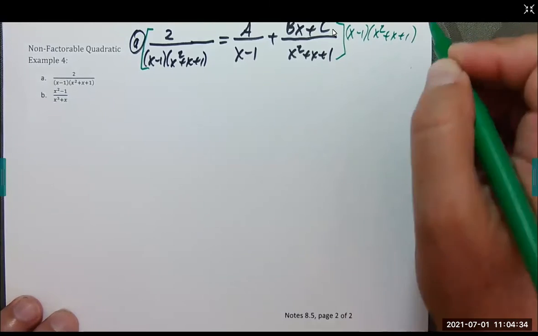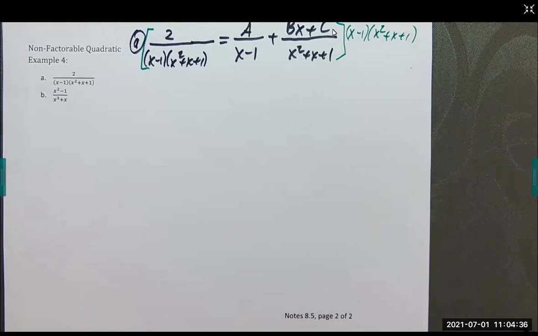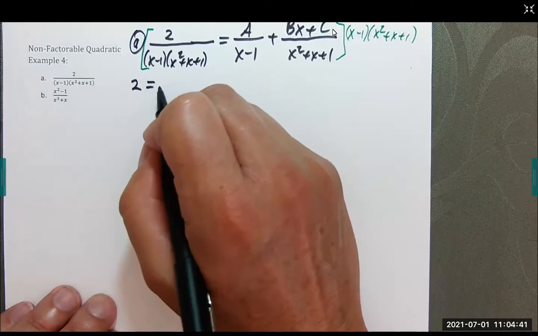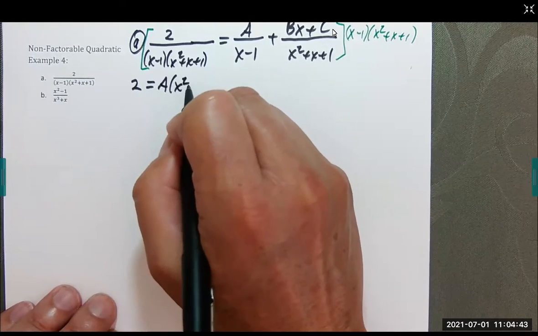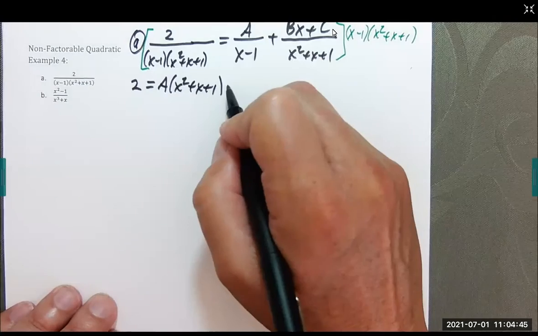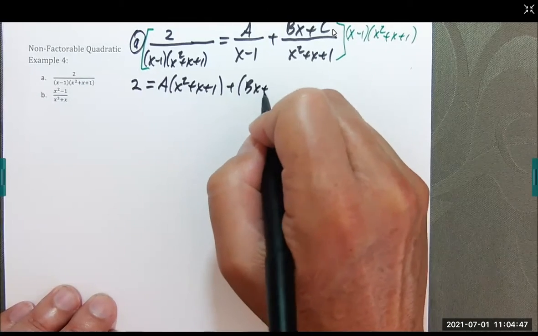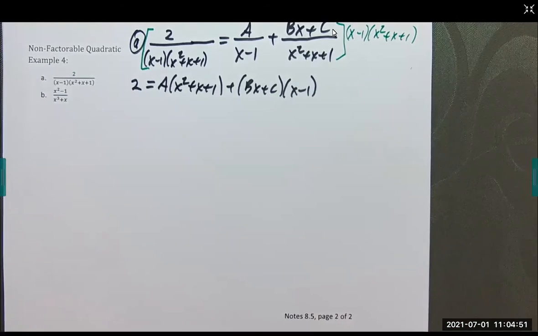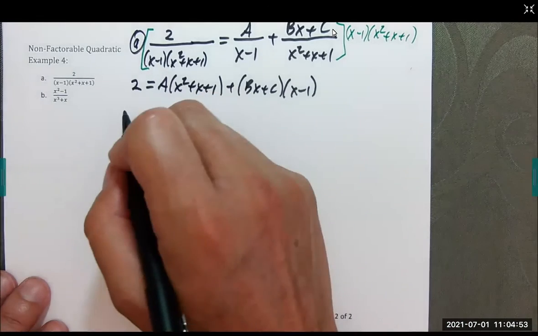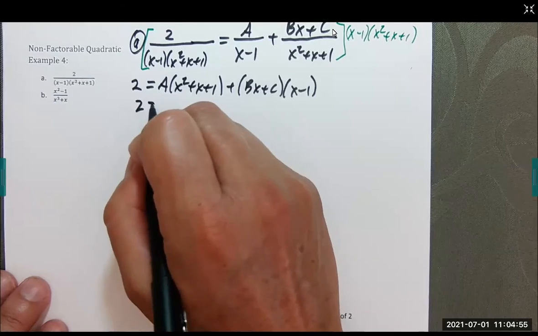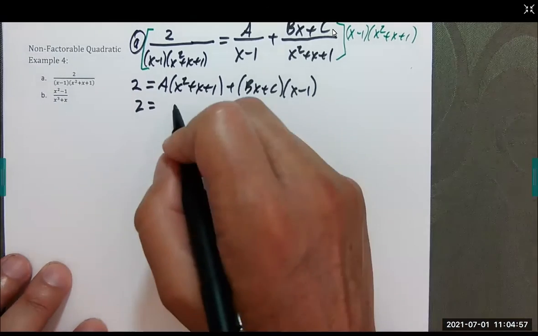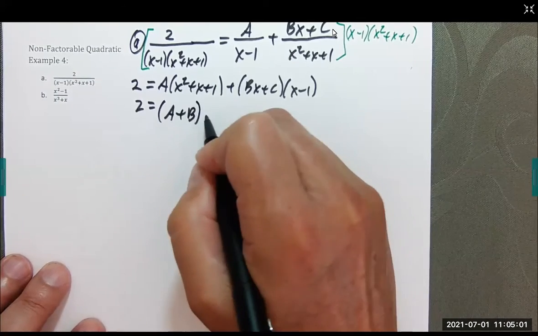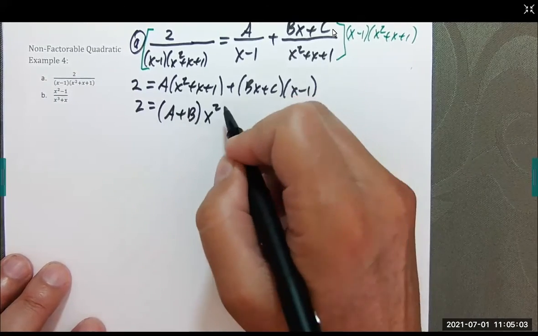And you can see that quadratic does not factor. And when I distribute and combine, I end up with this here.